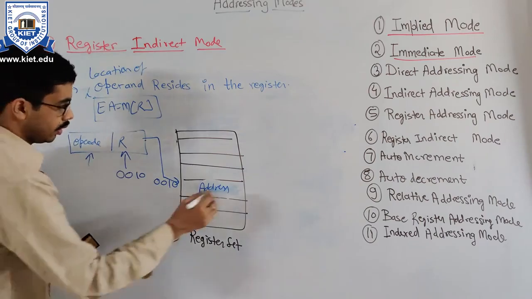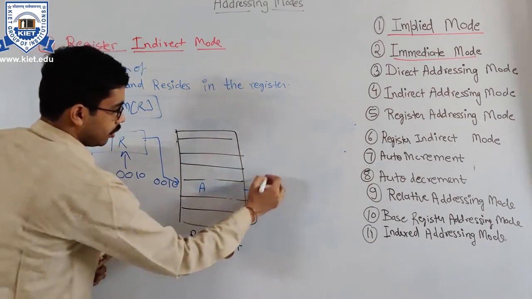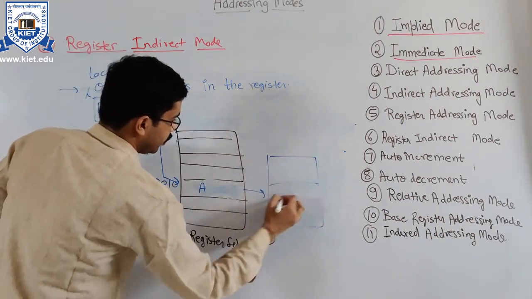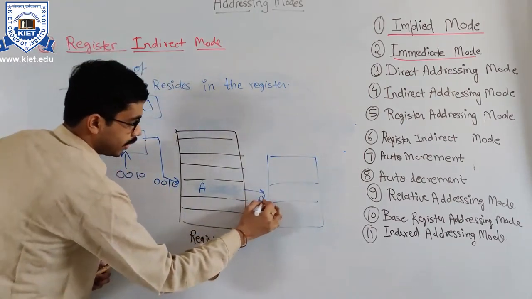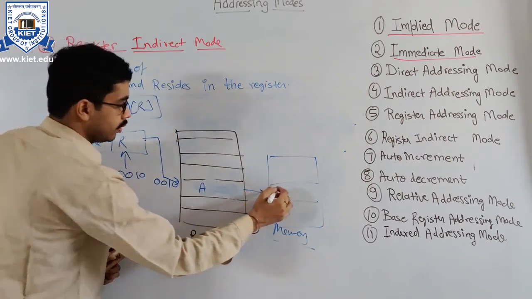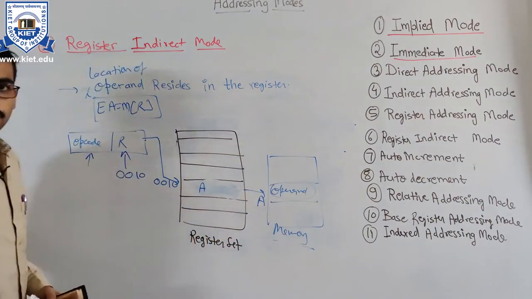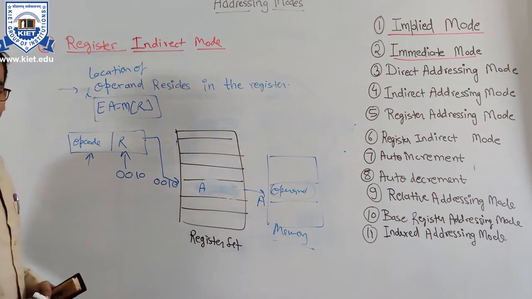Suppose it is A, in our memory we will go to address A, and the value there will be the operand. In this way we will get the operand.